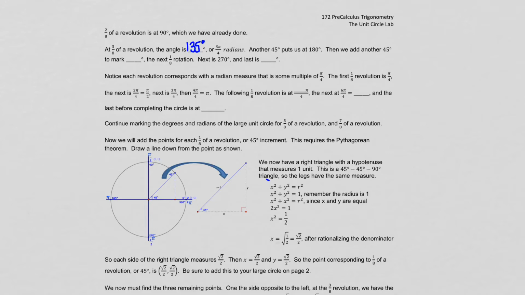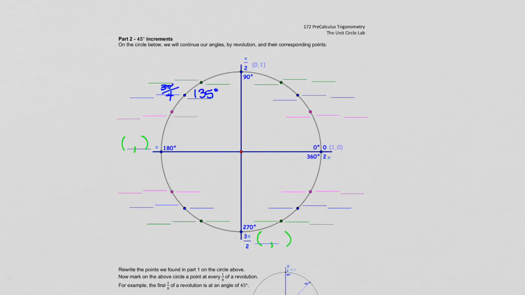Please excuse the kitty. Okay, what corresponds as far as radians? It says the first radian was at pi over 4. That was 45 degrees.